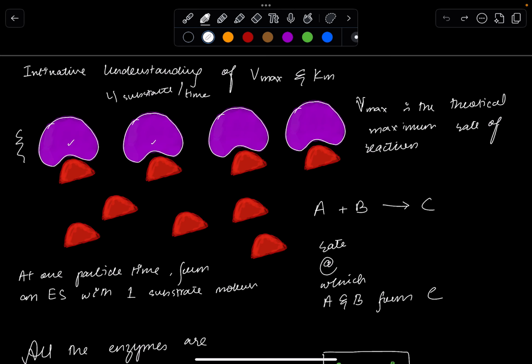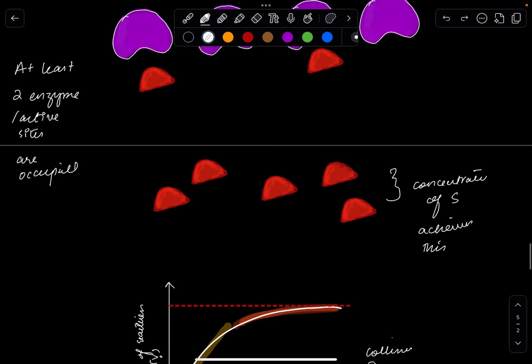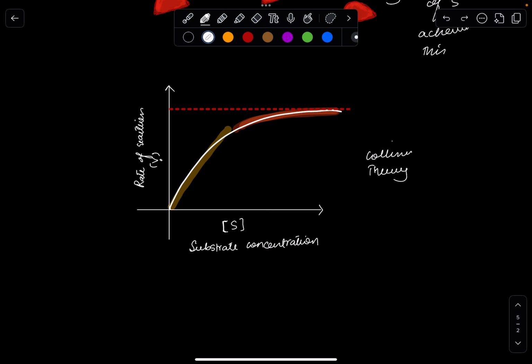So because all of them are working, I can't work faster than that. If I add more substrate, nothing will happen. And so this is Vmax, the theoretical peak rate of reaction at which all the enzymes are occupied.